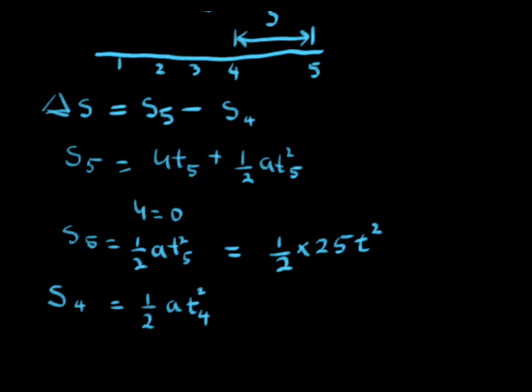Here I can also write 1 over 2 times 25 t square, and this would be in the fifth second, and this would be in the fourth second. So we're going to find the difference between the distance in the fifth second and the distance in the fourth second.